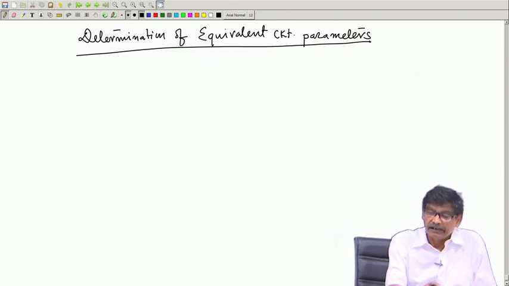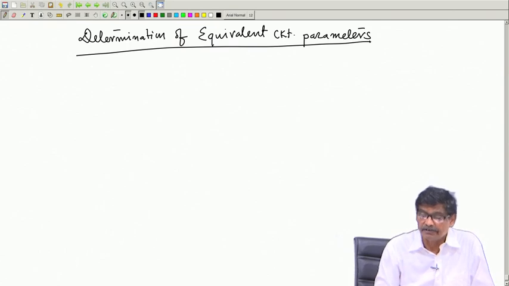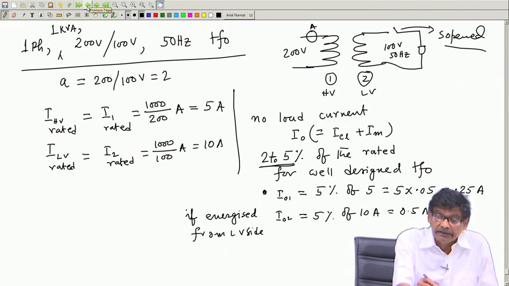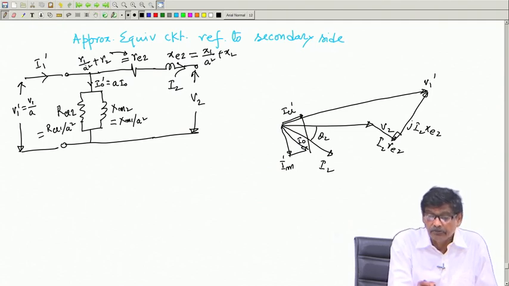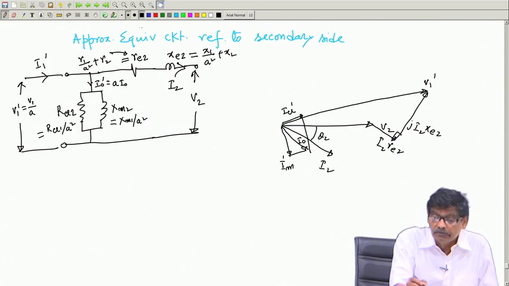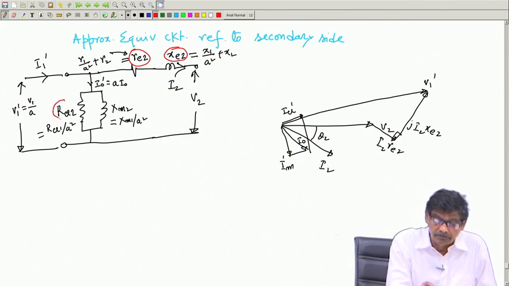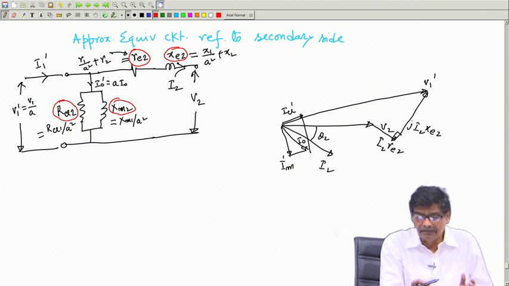So, a practical transformer is given. I want to know what will be the values of RE2, XE2, RCL2, and XM2.